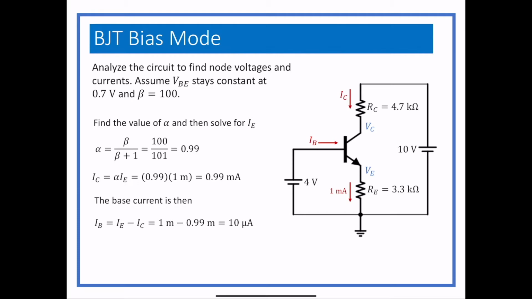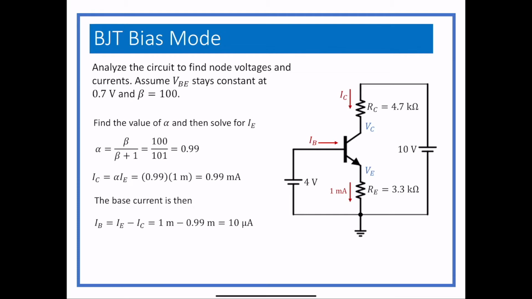They will be close. As you can see, we've got 1 milliamp and 0.99 milliamps, but don't round that 0.99 to 1, because then you've lost the critical part of the circuit. So this is one of those cases where you want to be careful. Don't round too much, because you will lose the values that you need.